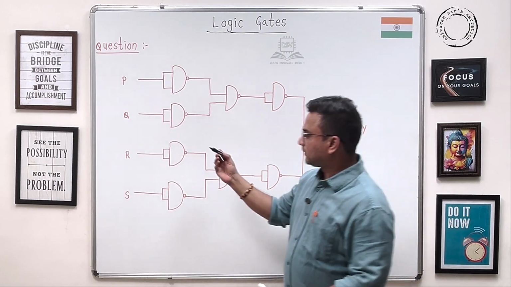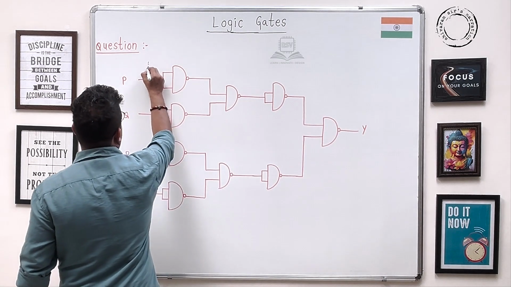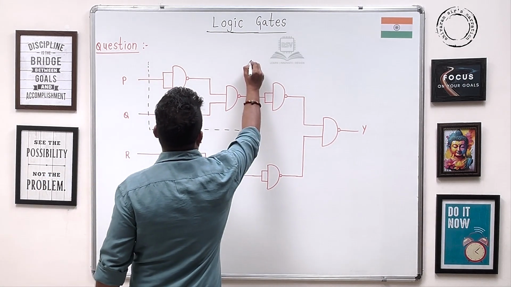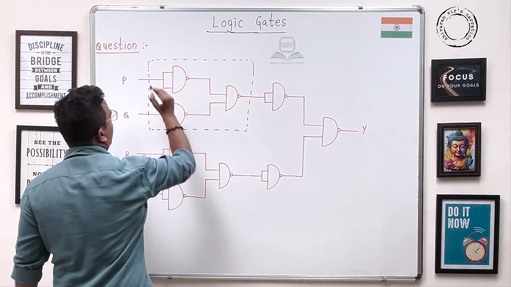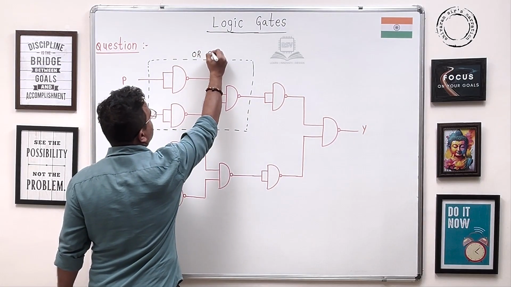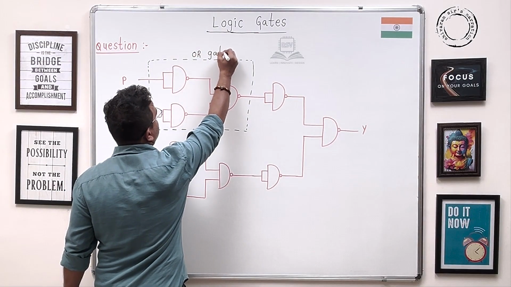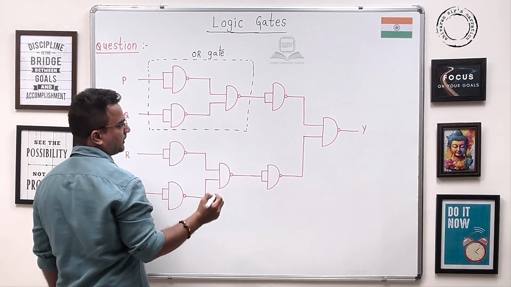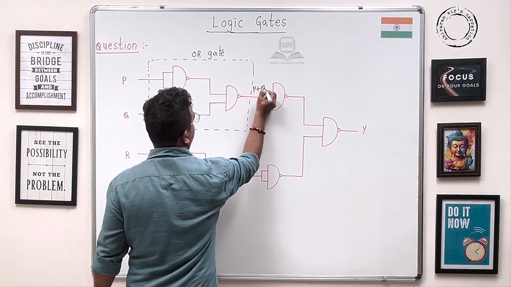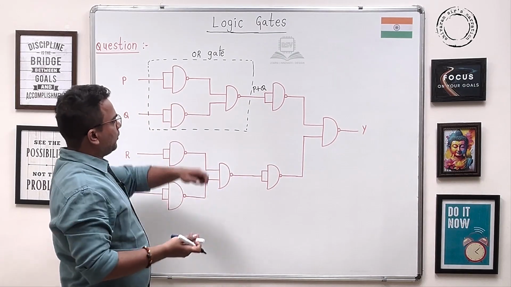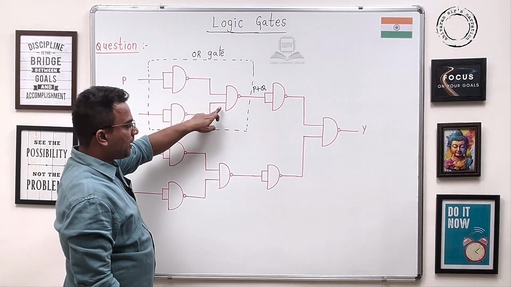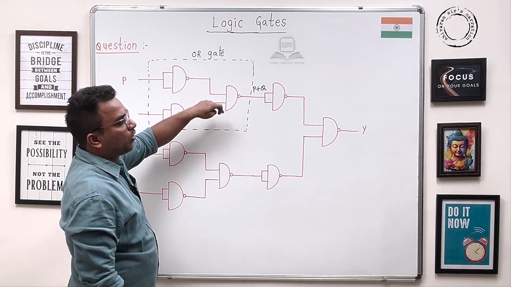Whatever you are seeing here is simply an OR gate using NAND gates. This is an OR gate only, isn't it? Yes. Therefore, the output is P plus Q. If you go in detail, this is P bar, Q bar, (P bar into Q bar) whole bar.